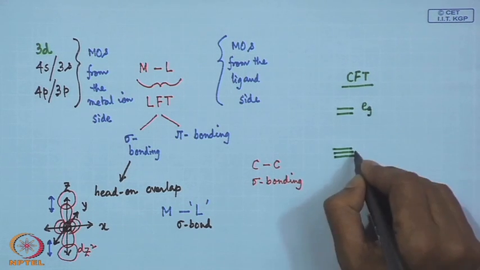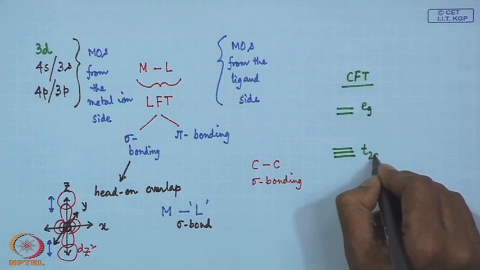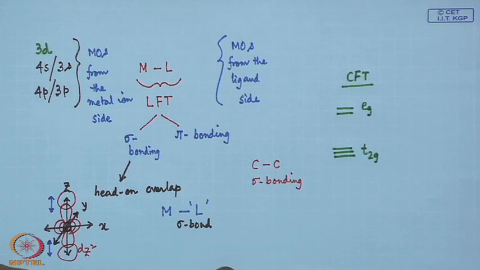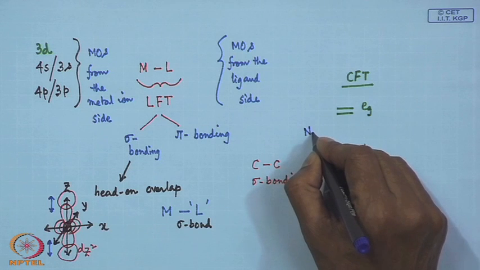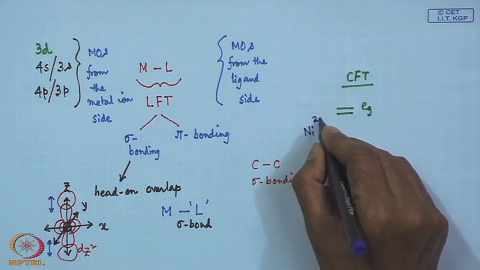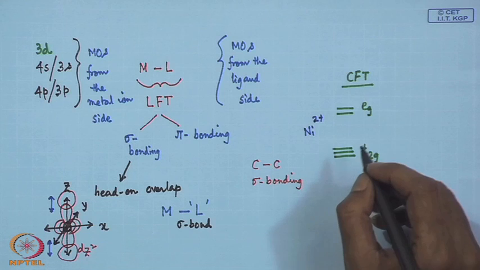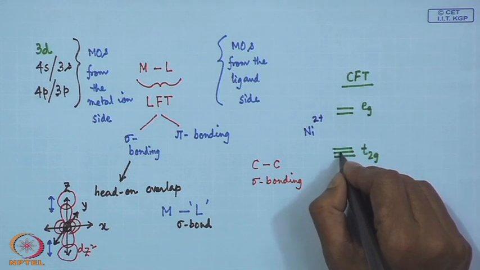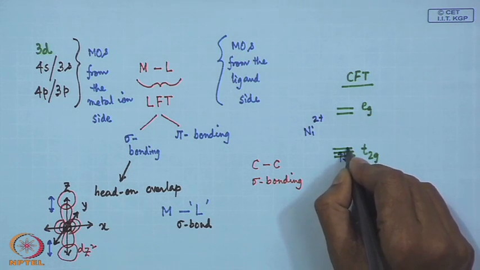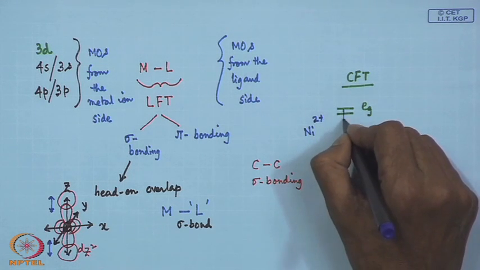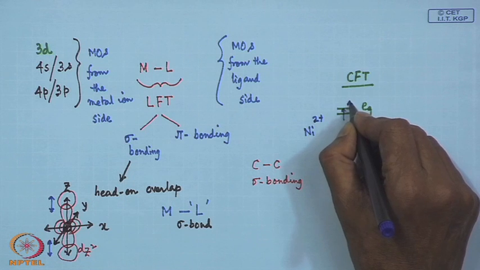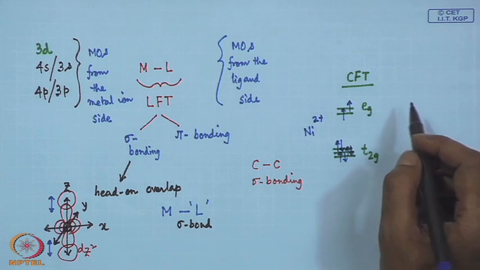We have the Eg and the T2g levels. There we saw that if the metal ion is a 3d8 system, for the bivalent nickel 2 plus, it has 6 electrons in the T2g level and 2 electrons which remain unpaired in the Eg level.